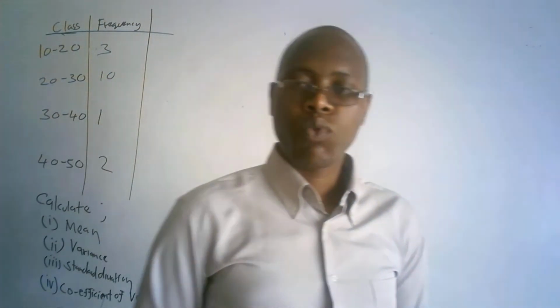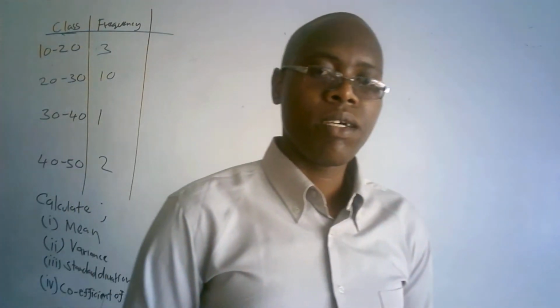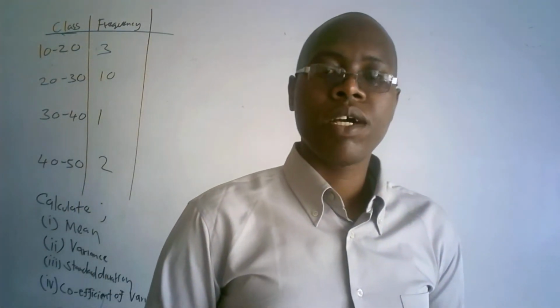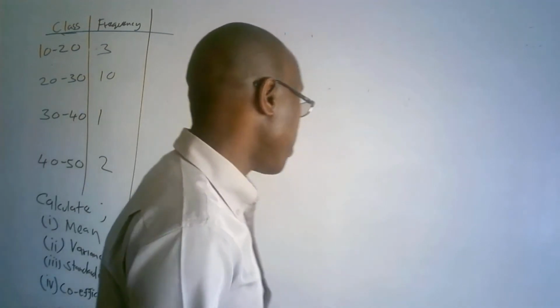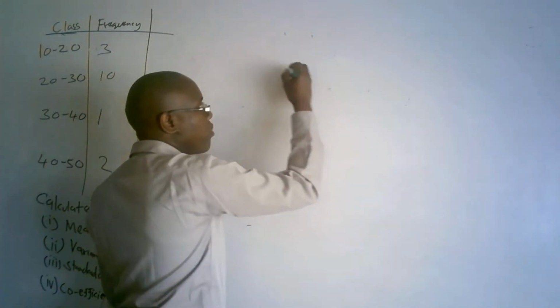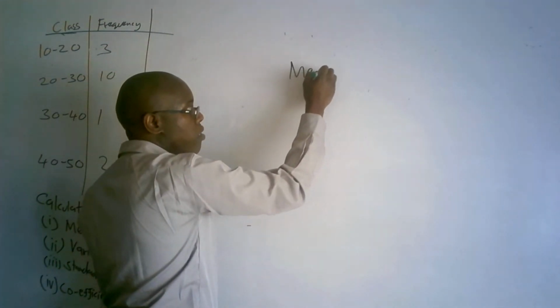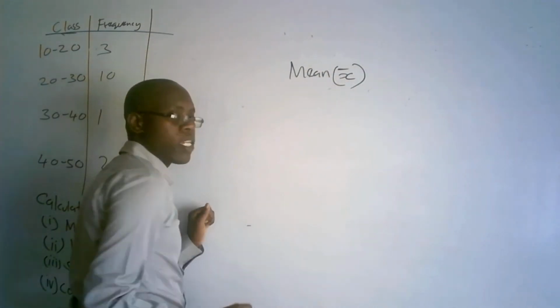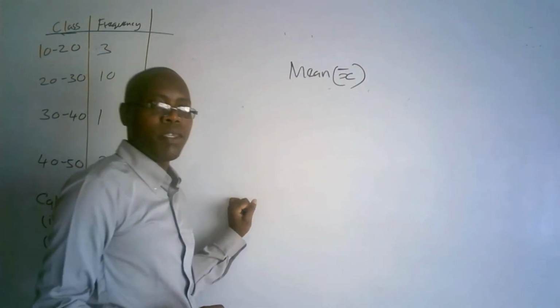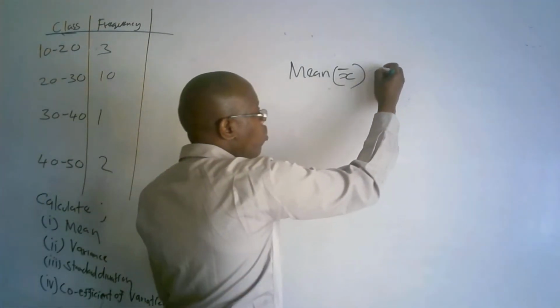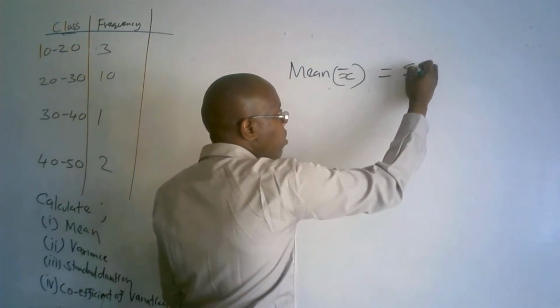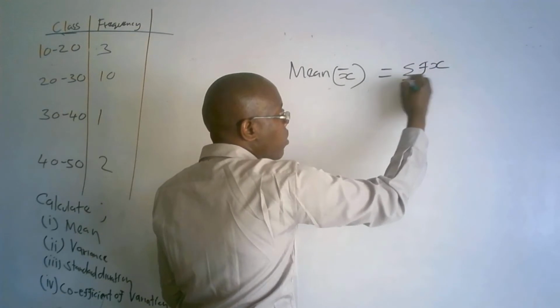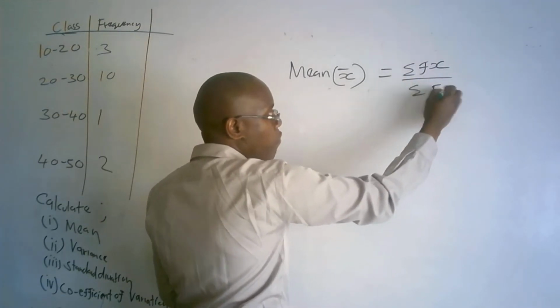For us to be able to calculate the mean of grouped data, this is the formula that we are going to use. So the mean of grouped data, and remember the mean can be denoted by x bar, is going to be given by summation of fx divided by summation of f.